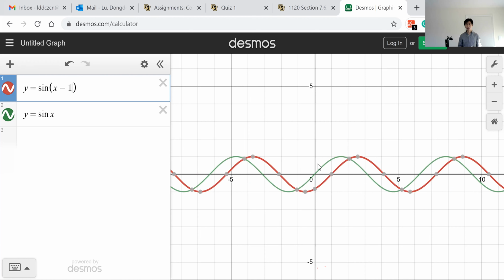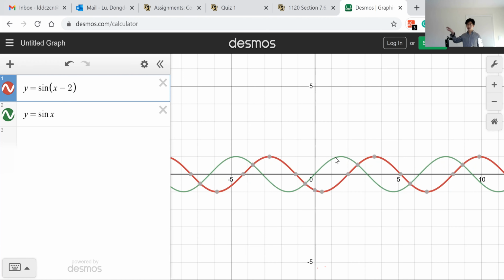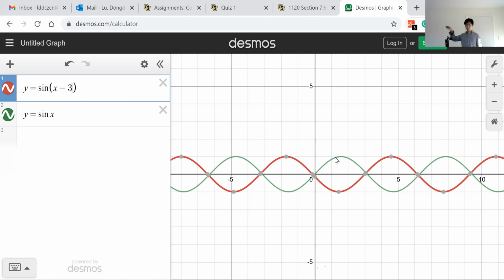You see, originally you have a green line, then it's moving to the right by 1 unit. Subtract by 2, moving to the right by 2 units. 3 units. Okay. Any question before we continue?